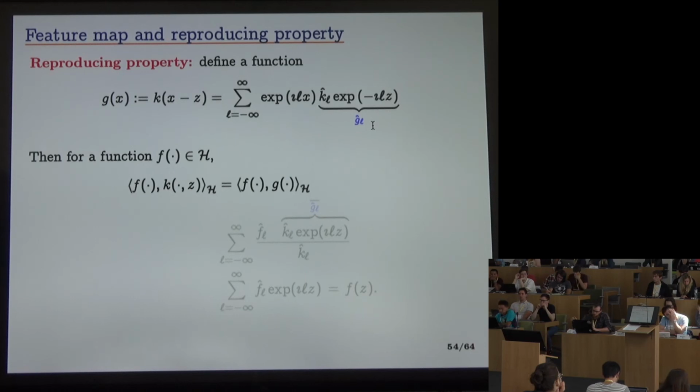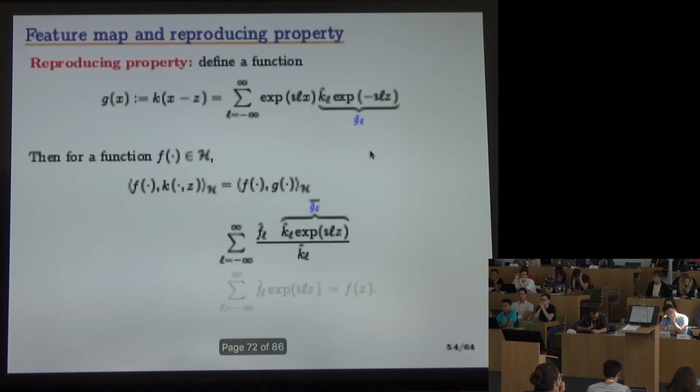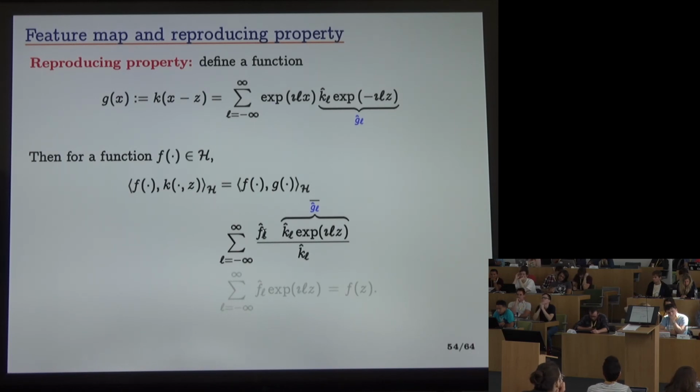Okay, so this k dot z has these coefficients here, k hat L, e to the square root of minus 1 Lz. Let's substitute that into the definition of the dot product that I made earlier. Coefficients of f, well, these are f hat L, the Fourier coefficients of f.